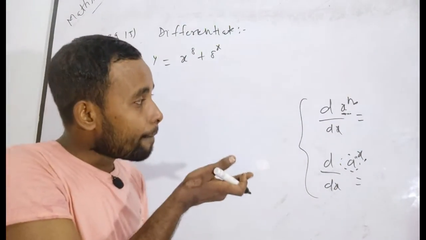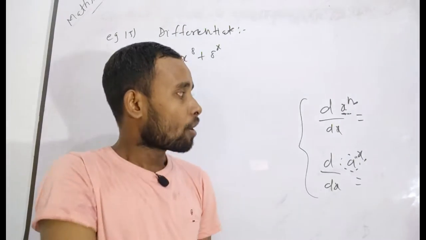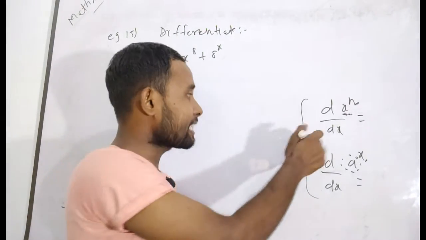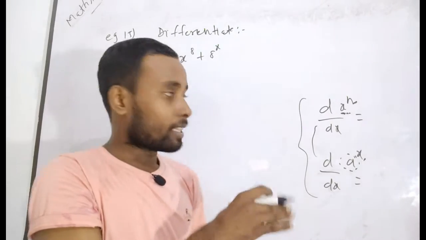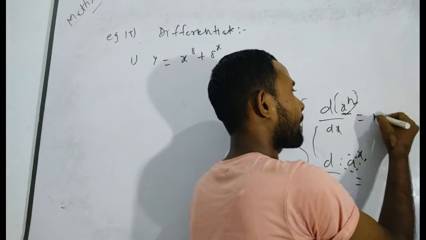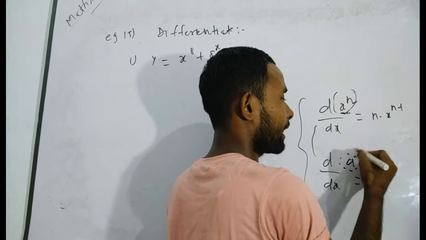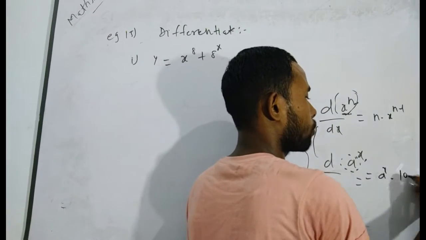That means the variable is replaced by a constant and the constant is replaced by a variable. Only these two points have changed. That's why the formula will also change. The derivative of x to the power n is equal to n into x to the power n minus 1. Here you will get a to the power x into log a.